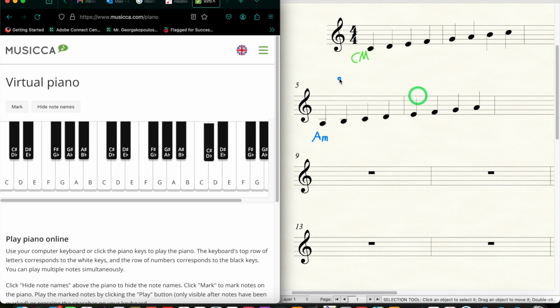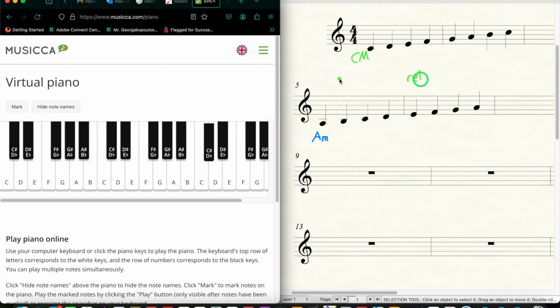Now, they are different, of course, both of them starting and ending on different notes of the musical alphabet, but there is one key similarity between them, pun not intended, and that is that they share the same key signature. C major and A minor both have no sharps or flats in their key signature, and that is precisely what makes them related to each other, or, as we say in music, that makes them relatives.